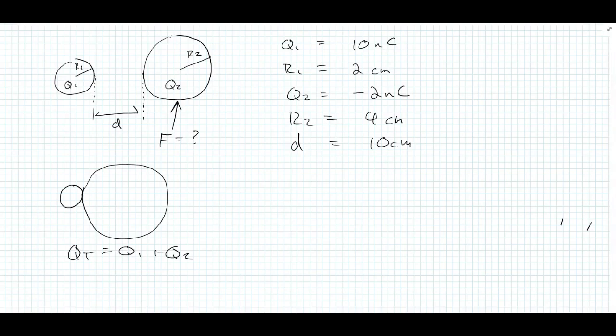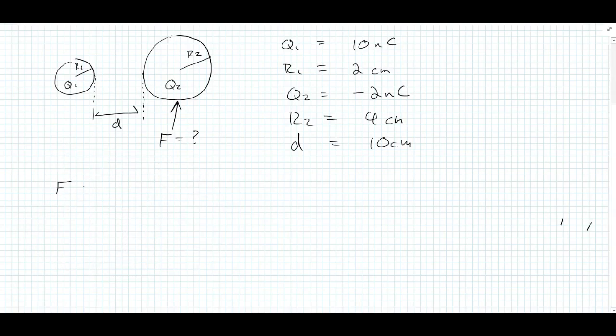So to start this problem, let's just assume that we're given a simpler problem. Let's say that we're told that we've got two spheres, they have different sizes, and they have different amounts of charge on them, and we need to know what the force that is exerted on one of the spheres is. So if we had that problem, then we would go about calculating the force using Coulomb's law.